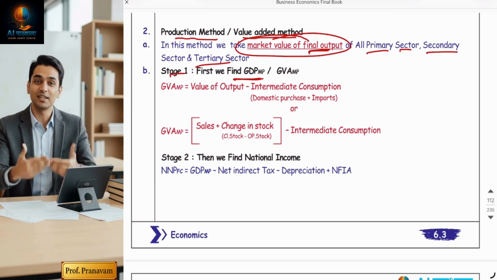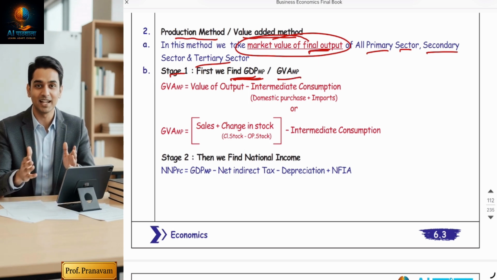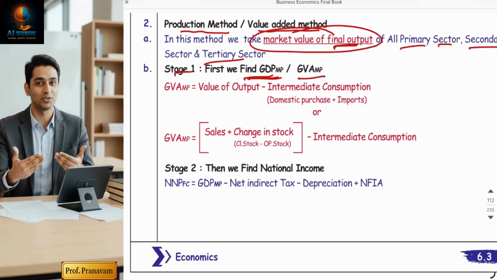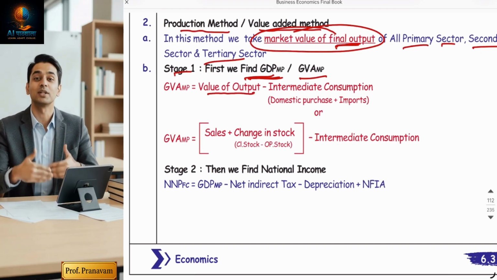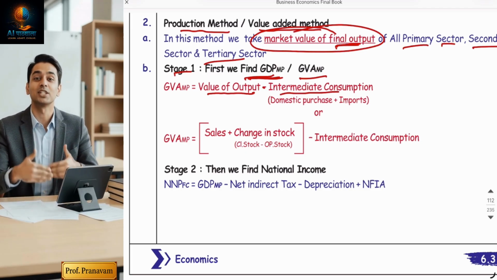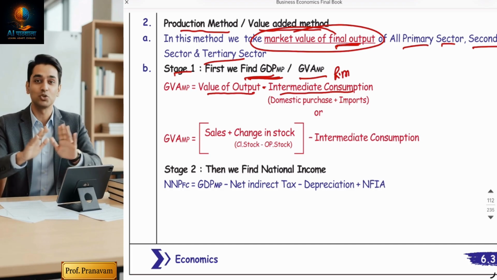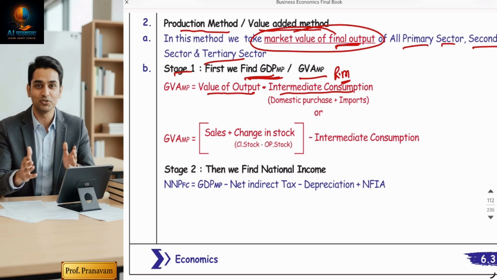So first we find out GDP at market price. It is also called GVA, gross value added at market price. How are we going to calculate it? We consider the value of final goods, and we reduce the value of raw material, that is intermediate consumption, because we are just considering value addition.